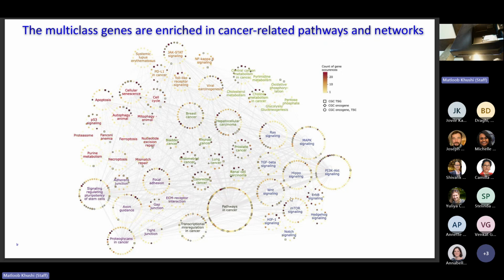And one of the surprising things we found was almost every single known cancer pathway was part of the feature set, the multi-cancer probes that were involved in the classification. They basically map to these pathways.